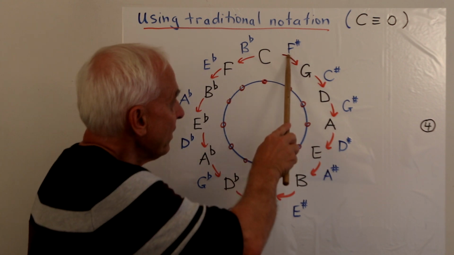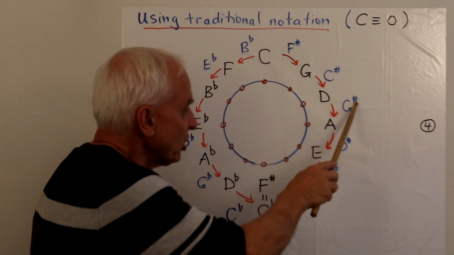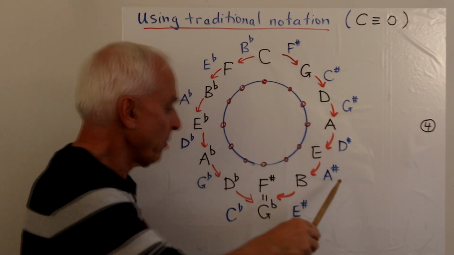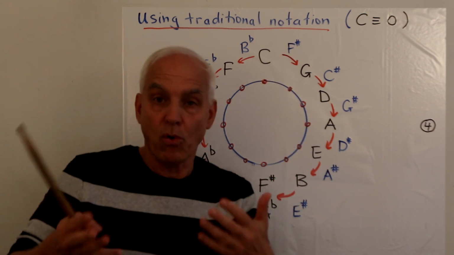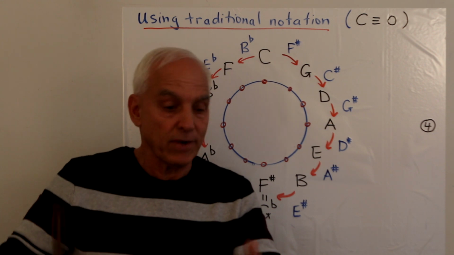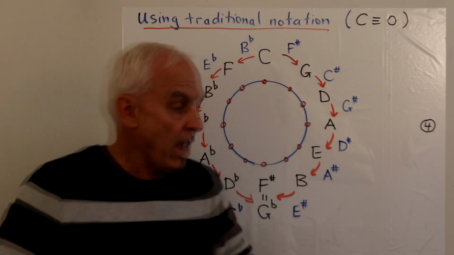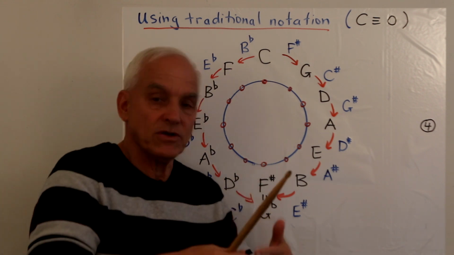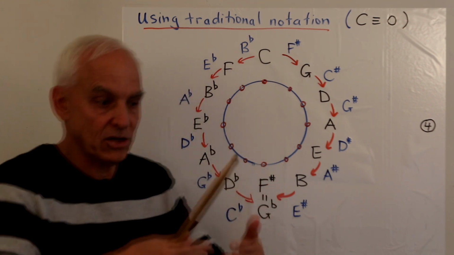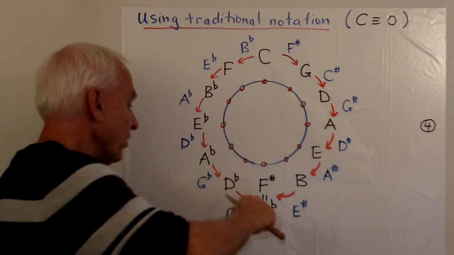So we end up having an F sharp, and then a C sharp, and then a G sharp, and then a D sharp, and then an A sharp, and then an E sharp. And this sequence of sharps is actually very important in modern music theory and practice. And equally important on the other side are the sequence of successive flats that we need to introduce as we go around the circle in this direction.